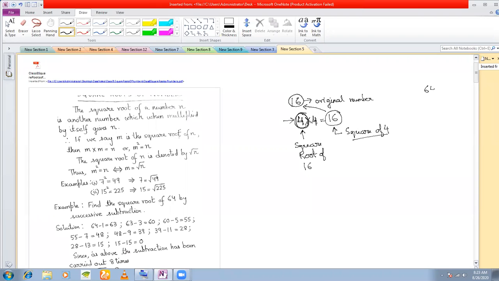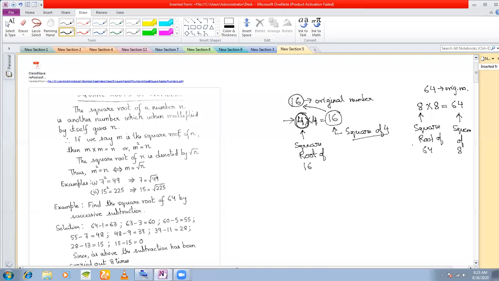So in general, let us take another example. Let us take 64. Let us say this is my original number. I take another number 8, and I multiply 8 by itself. I get the original number. Then this 8 is called the square root of 64, and this is called the square of 8, or the square number of 8.